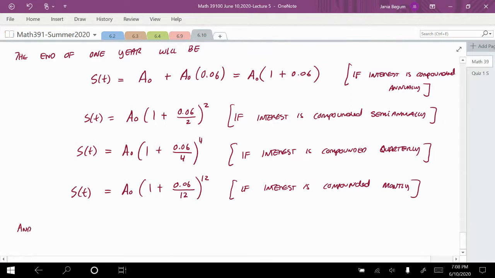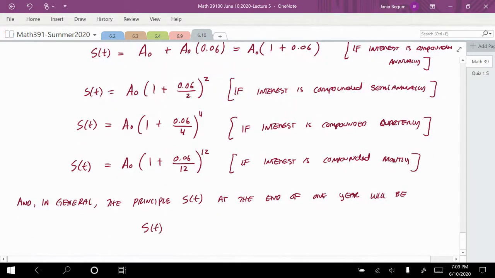And in general, the principal, which is the function S of t at the end of say 1 year, will be, so we will have S of t is equal to some initial amount times 1 plus the rate over m, to the m power.